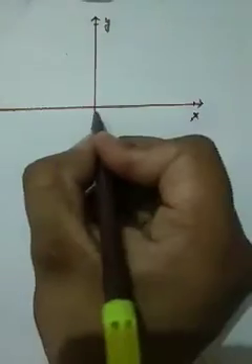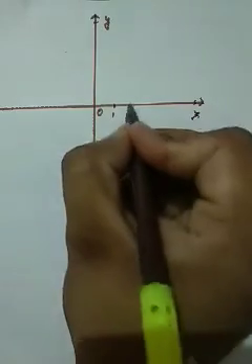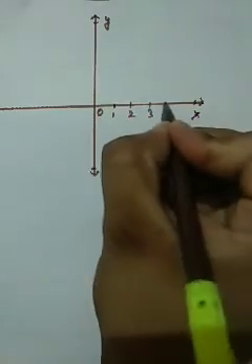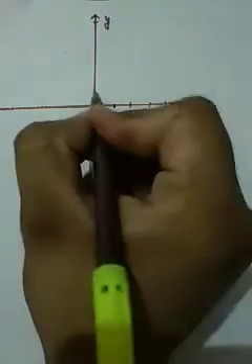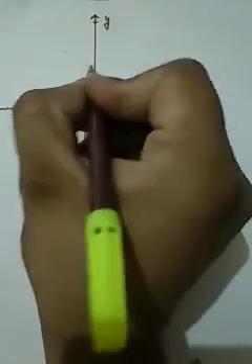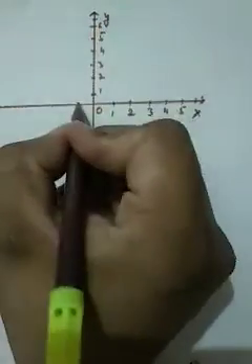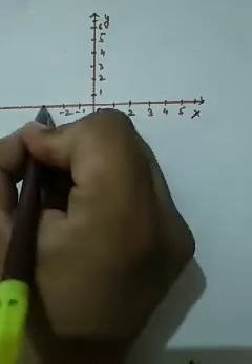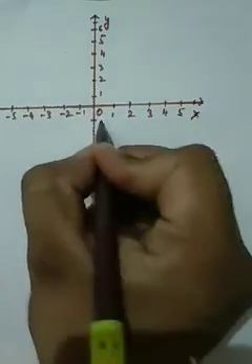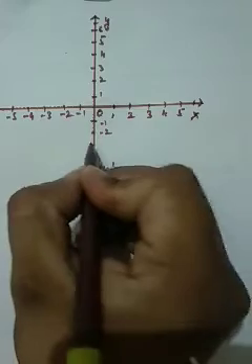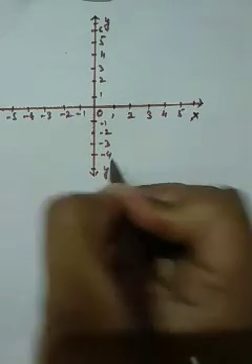Okay, this is origin 0, 1, 2, 3, 4, 5. This side 1, 2, 3, 4, 5, 6, minus 1, minus 2, minus 3, minus 4, minus 5, minus 1, minus 2, minus 3, minus 4.